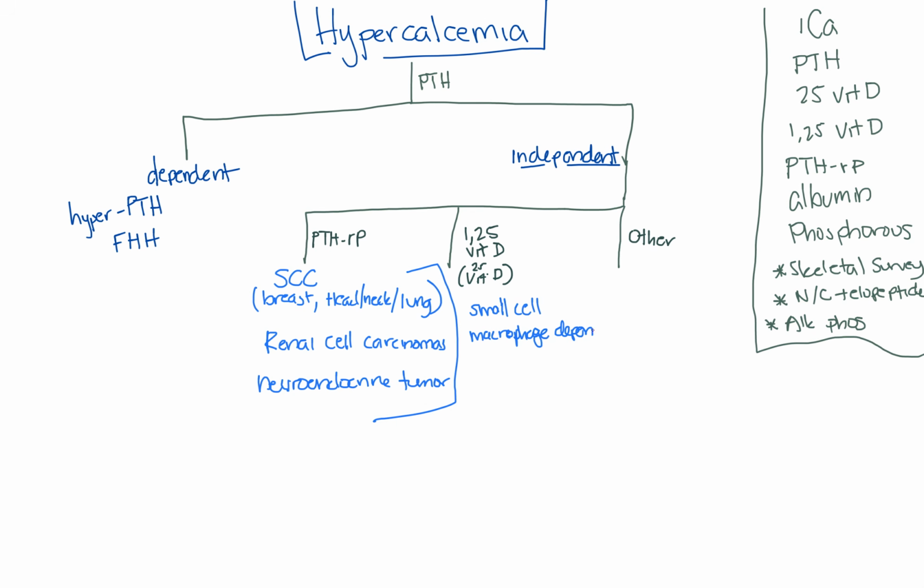So this is something like sarcoid or TB or lung fungal infections. PJP is another one that I recently saw. And these are high calcitriol or high calcitriol dependent processes.